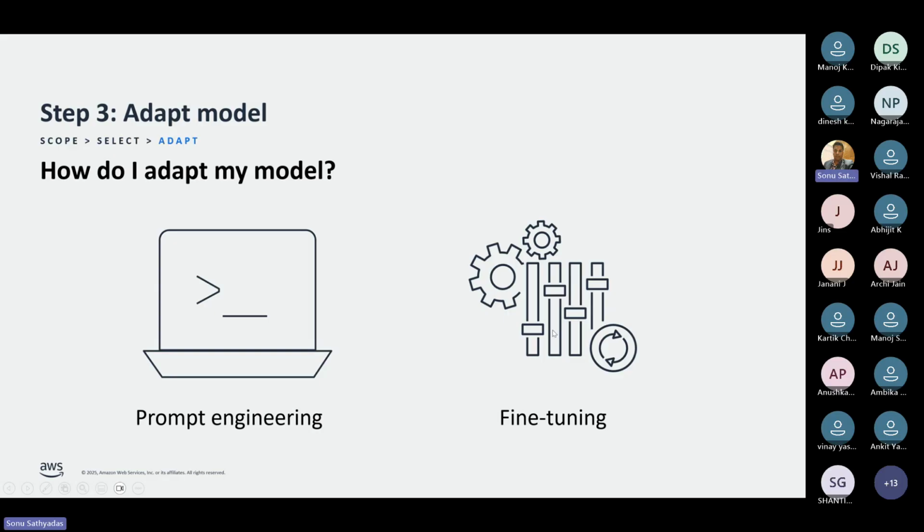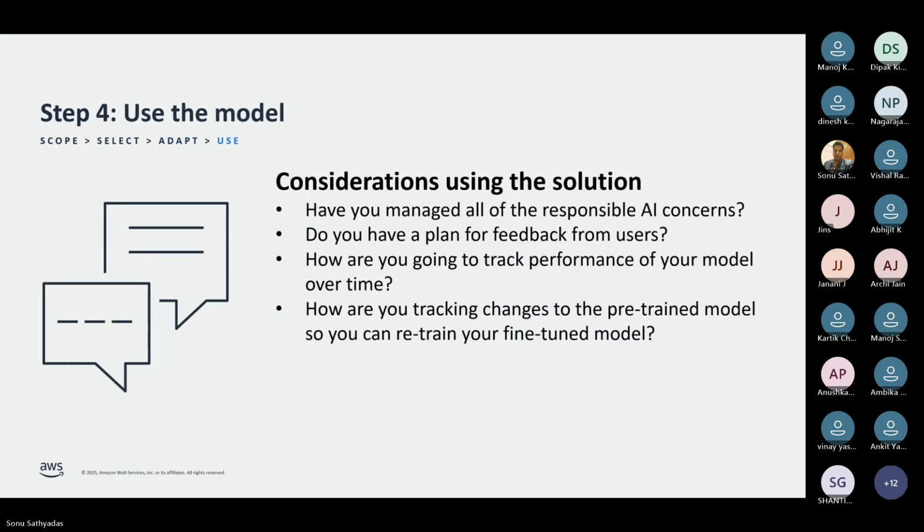So in fine tuning, you will prepare a data set and then take a foundation model and retrain the model to create a new version of the model. Once you have created and configured the model, then you can use that model inside your solution. So inside your application, you will be able to use this.